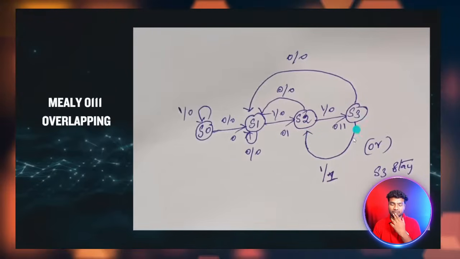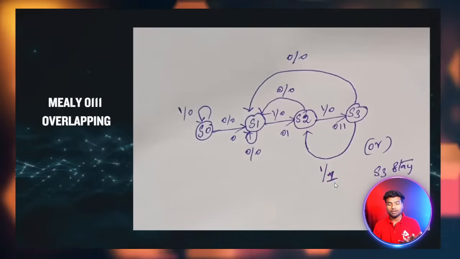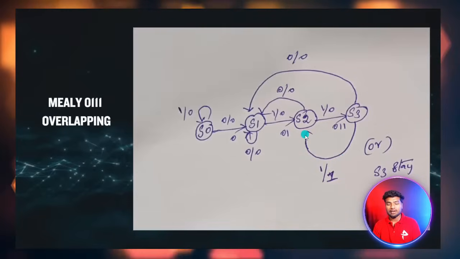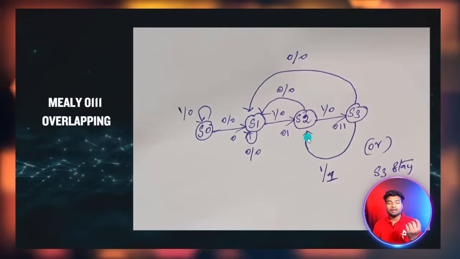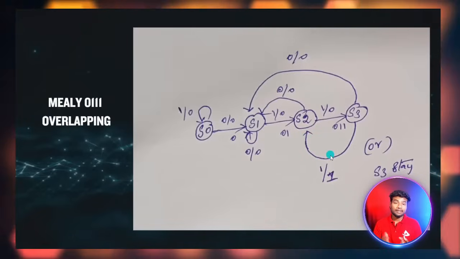If the input is 1, I got my sequence 0 1 1 1, but I am going into the S2 state, which means overlapping. I am reusing the current state to detect the next sequence.